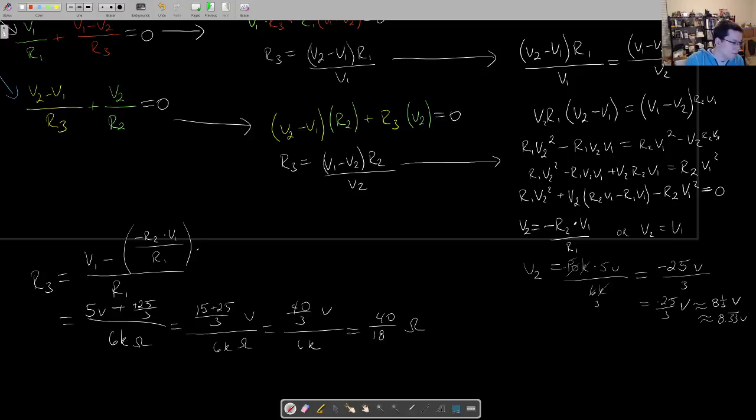Oh, times R2. R2 was negative 10. Nope. Times 10k ohms. Tip, always make sure you copy the entire problem.